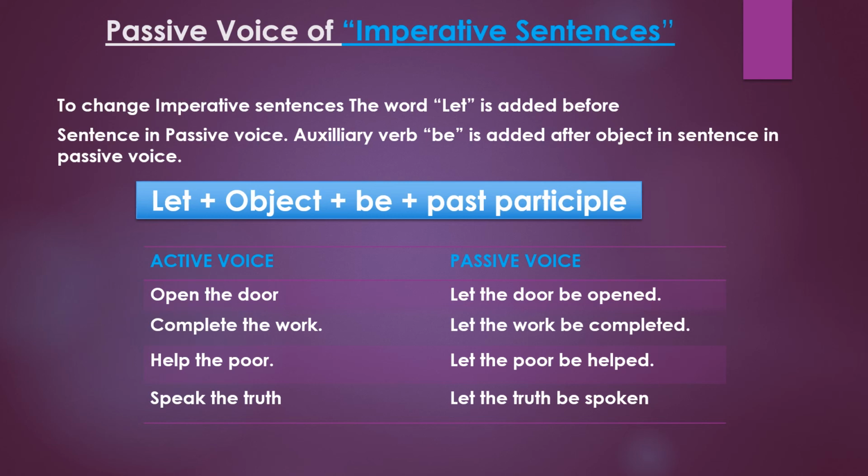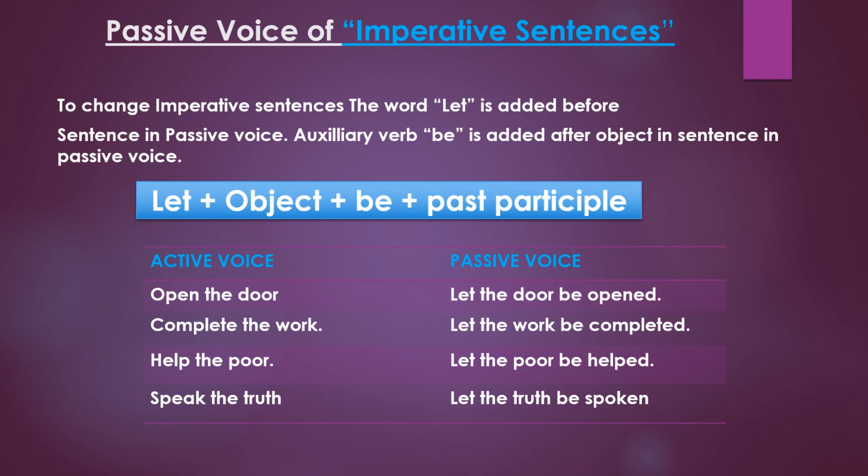Let us talk about passive voice of imperative sentences. Sometimes you find imperative sentences. To change an imperative sentence of active voice into passive voice, the word we use at the beginning of the sentence is let, and the auxiliary verb we use is be.